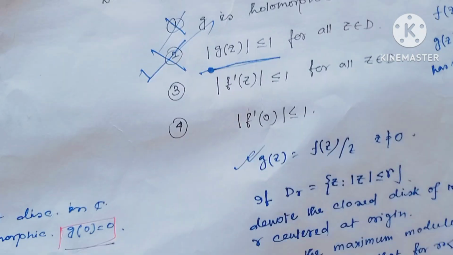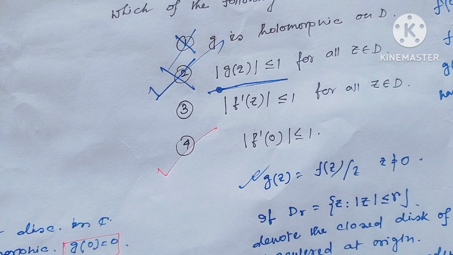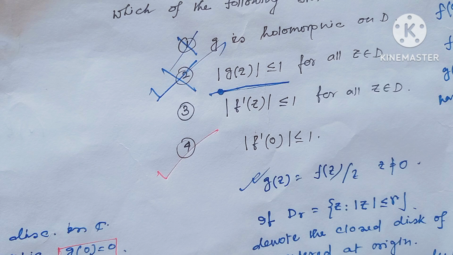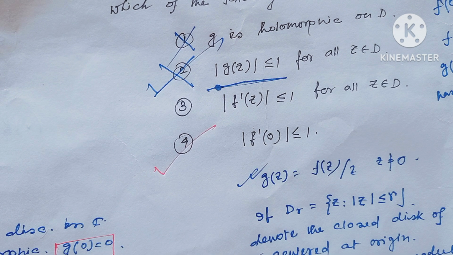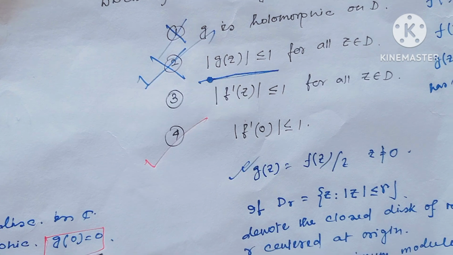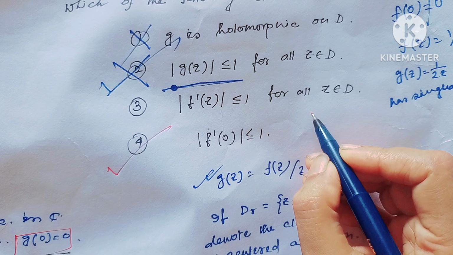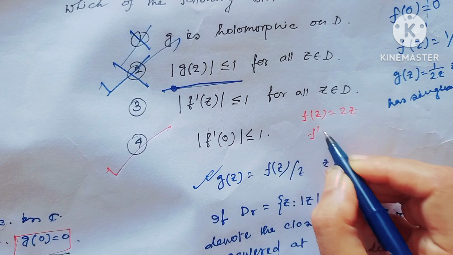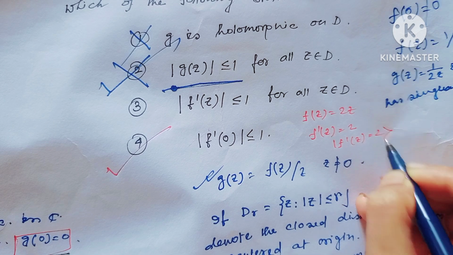That means option 4 is a right option. And we cannot tell that f'(z) is less than or equal to 1 for all z belongs to D. If we consider f(z) equal to 2z, which is a holomorphic function, then f'(z) would be 2, so modulus of f'(z) would be 2, which is greater than 1.